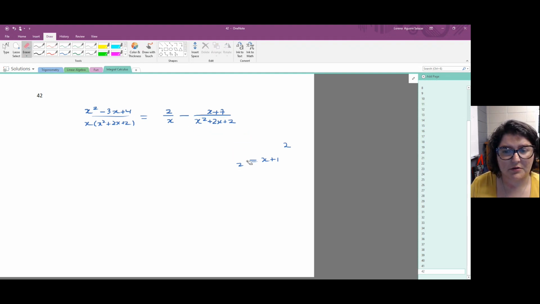So let's decompose that x plus 7 as x plus 1 and then plus 6. That way we end up with x plus 1 over the quadratic and then plus 6 times -1, so that's -6 over the quadratic.